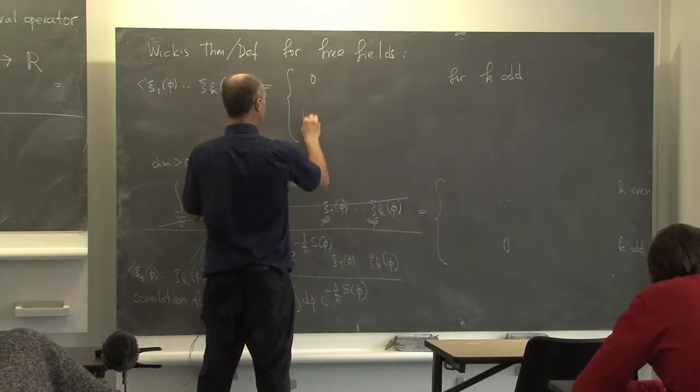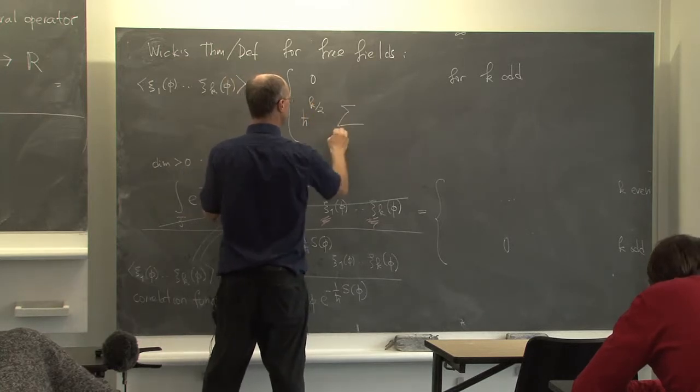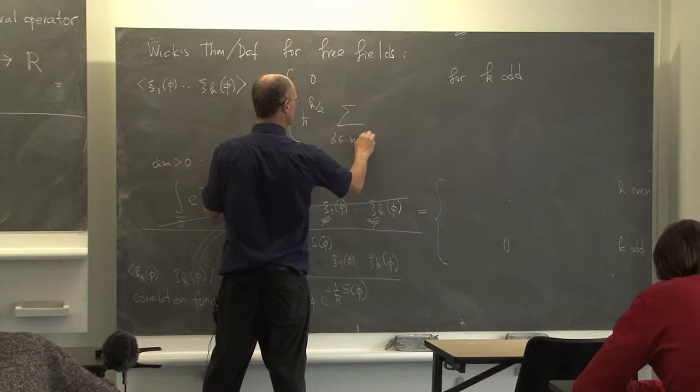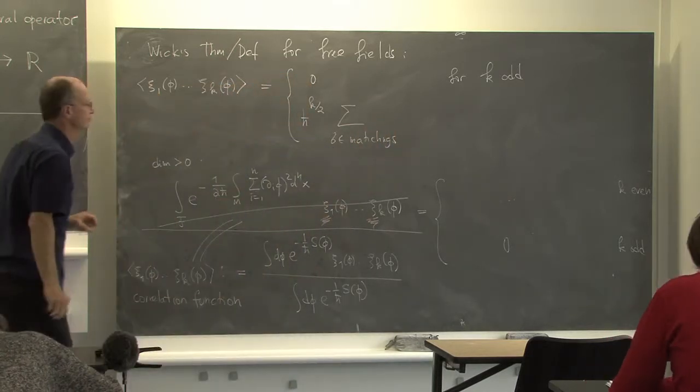For k even, it is h bar to the power k over 2 times the sum over matchings.